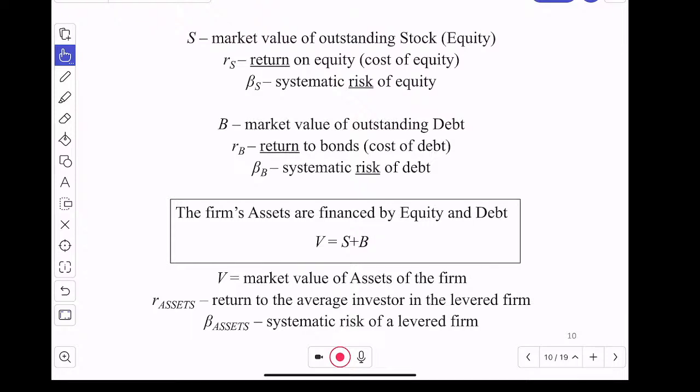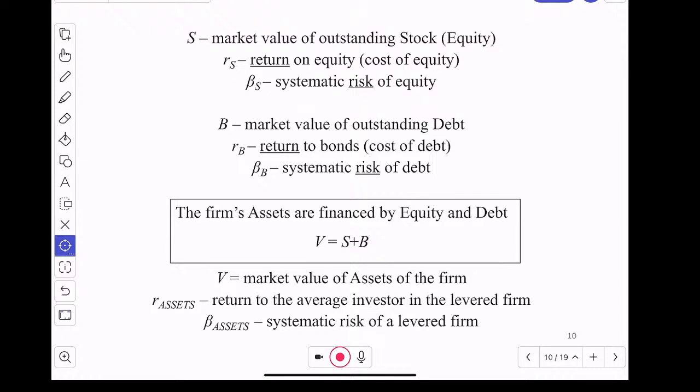So this will represent the return per dollar invested to stockholders, and so it's the required rate of return for the firm, because the firm must pay stockholders this return.